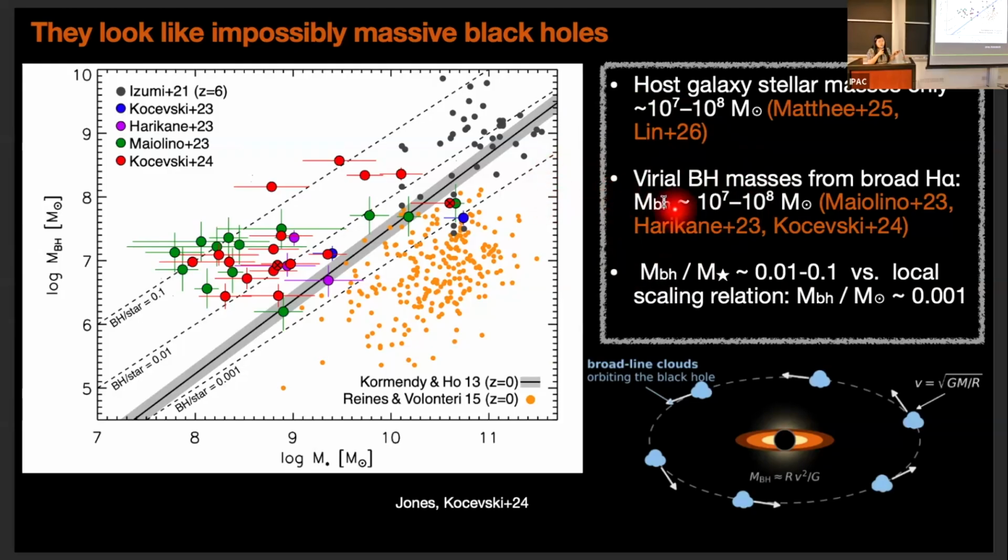Well, the virial black hole mass estimation is also giving you a 10 to the 7 to 10 to the 8 solar mass black hole. So taking this at face value, it suggests a black hole to star ratio that is more than 2 to 3 times higher compared to the local calibration. And if this is true, it means we need to rewrite our understanding of black hole seeding and growth theory in the early universe.